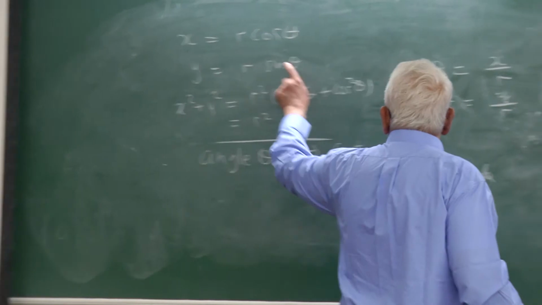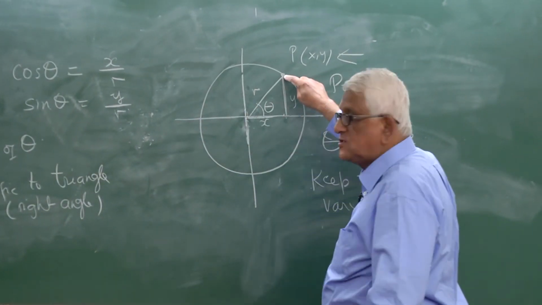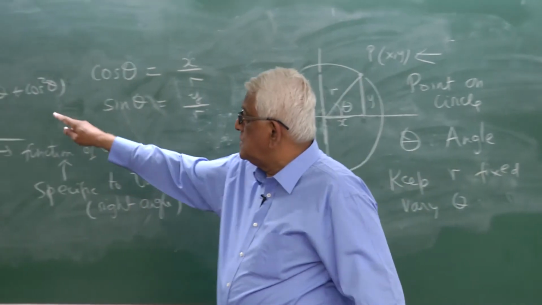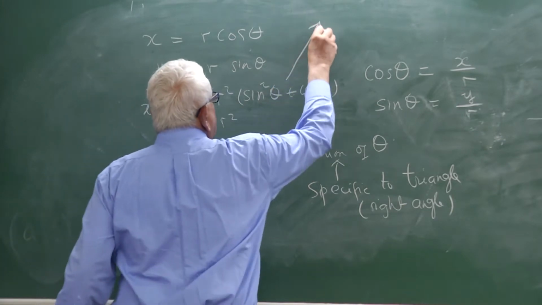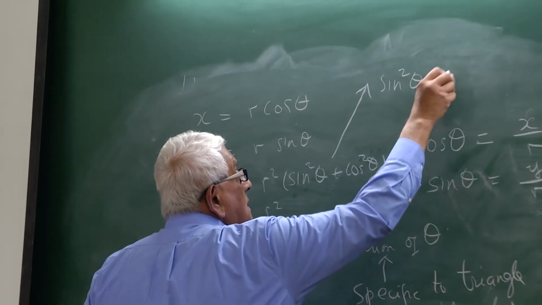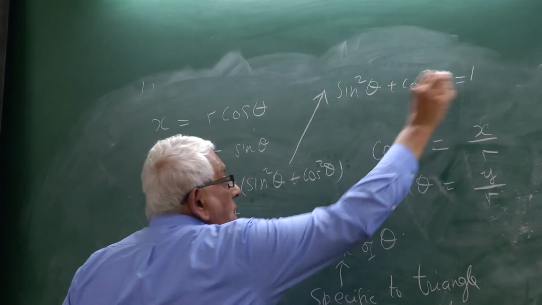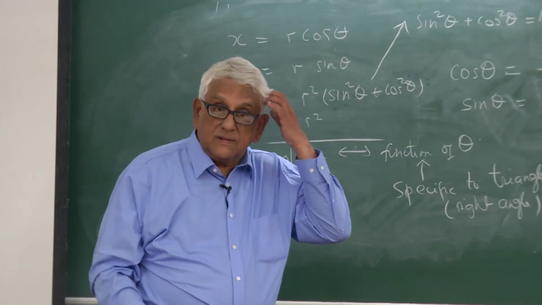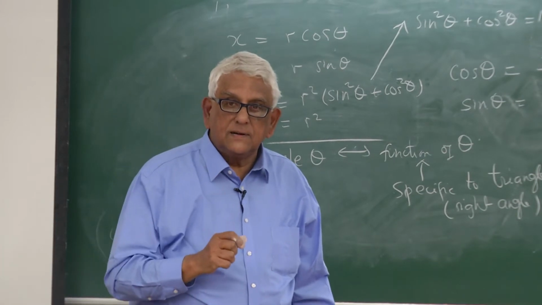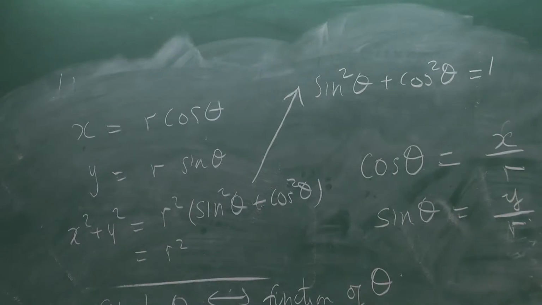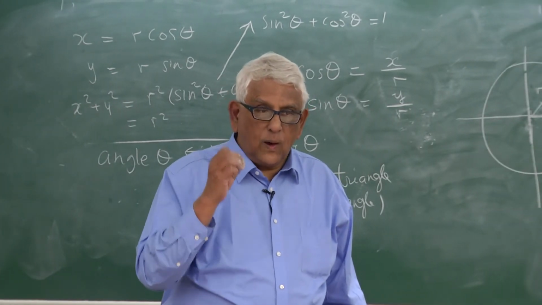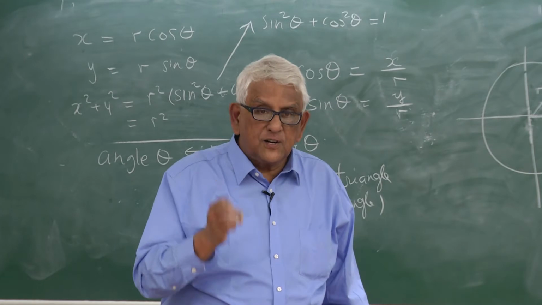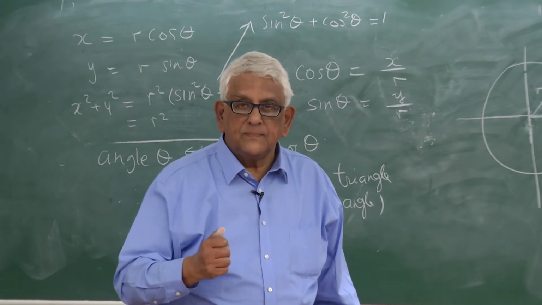Because x squared plus y squared from Pythagoras is r squared, so you get a result that these functions have to have the property that sine squared theta plus cos squared theta has to be equal to 1, right? So this elementary result, very simple result, is very easy to understand from the geometry. But again, it has this powerful idea of replacing one object by a function of that object. That's a big step, right?